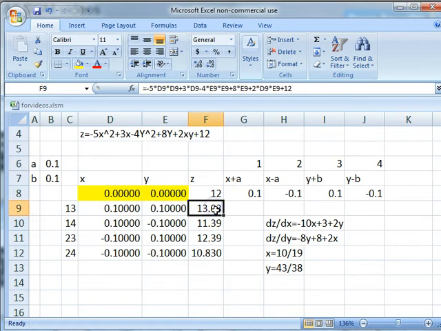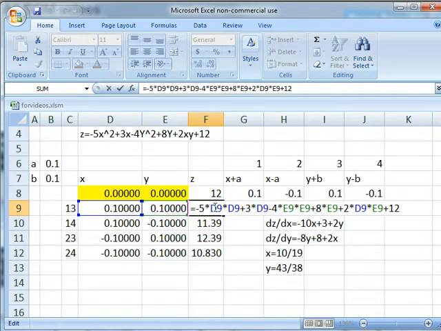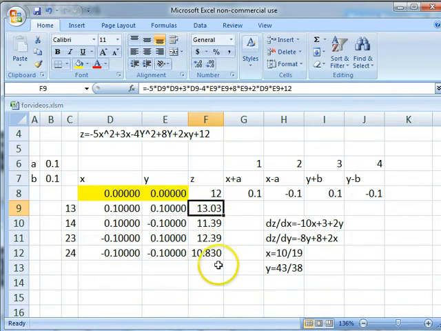And here all I did is copy the same formula down, so I'm recalculating the same formula using these few points. And of course, you see we are exploring the neighborhood in these four corners, and the highest value out of these four positions is 13.03, and that would be the one that we need to use next time.